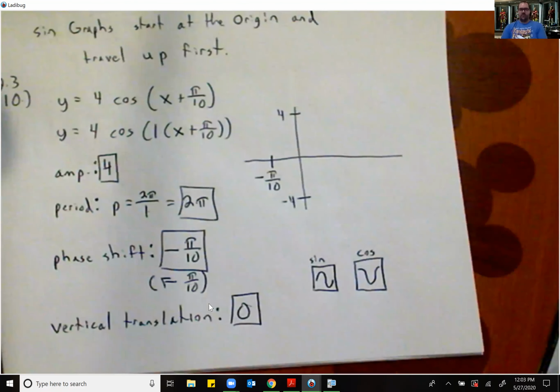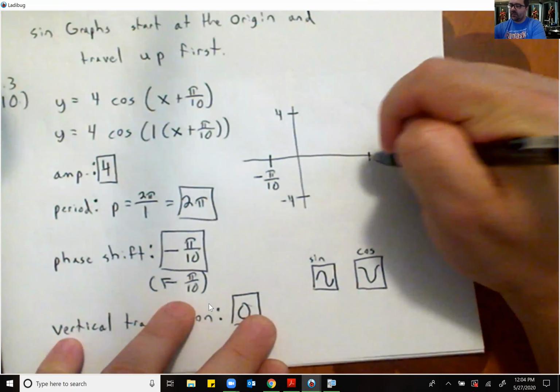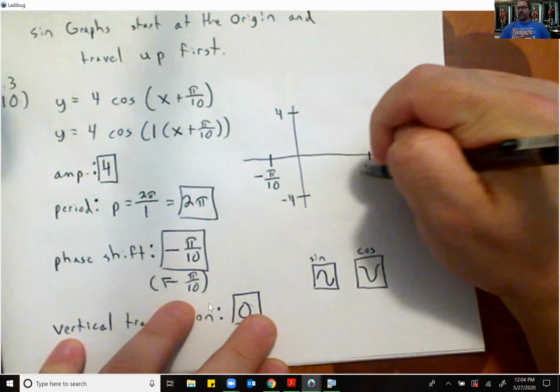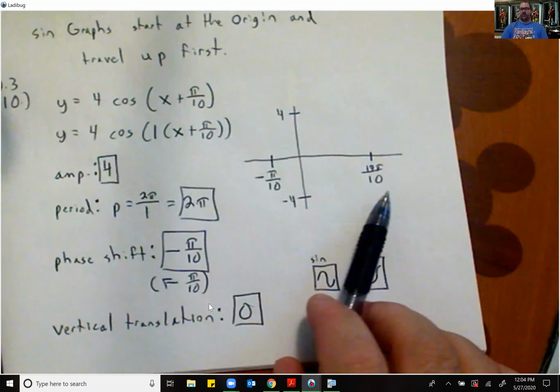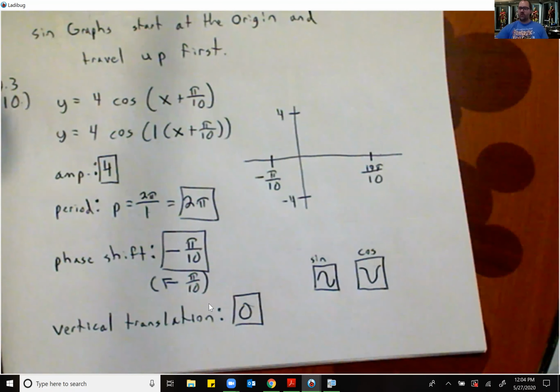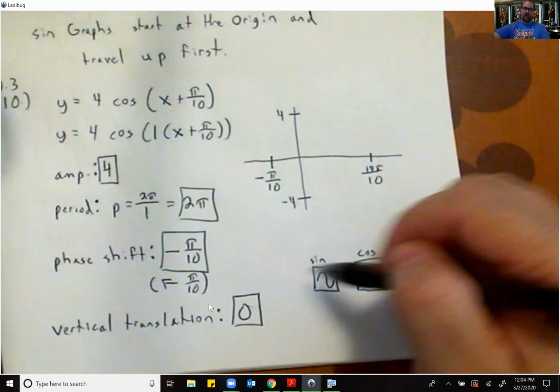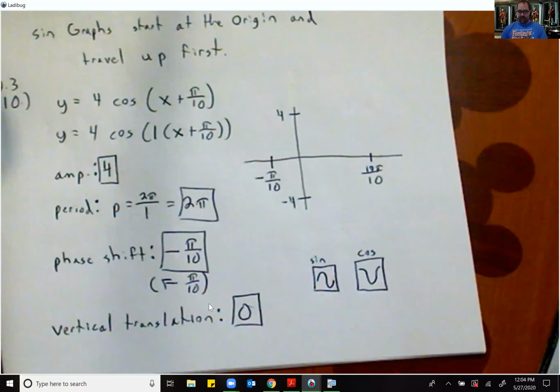And our graph will end at 19 pi over 10. Again, you don't have to worry about where I'm getting these numbers from. I'm just letting you know what it's going to look like. It will end at 19 pi over 10, because when you put all this information in, it's doing all this calculation that I'm kind of doing here.